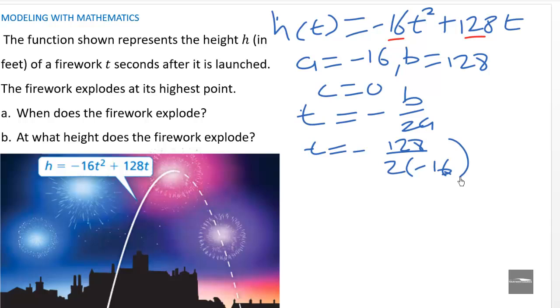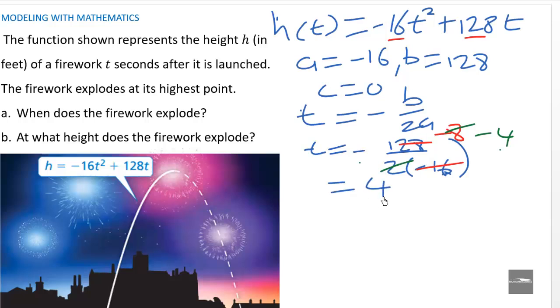So this can simplify to negative 16 goes into 128 negative 8 times, then 2 goes into negative 8 negative 4 times, negative 1 times negative 4 gives us 4.